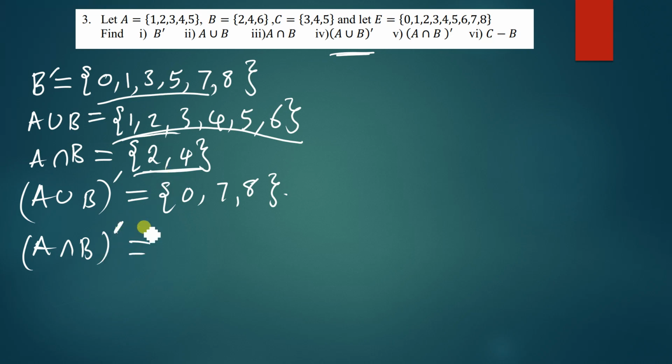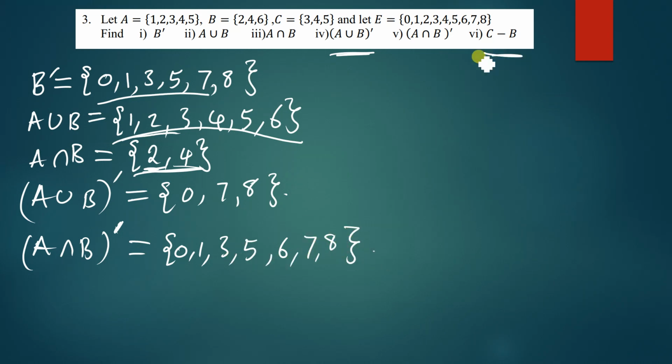We have 2 and 4 in A intersection B. So we list every other element remaining in the universal set, which is 0, 1. We leave 2 because it's there, and 3. We leave 4 because it's there, so we move on to 5, and then we have 6, 7, 8.